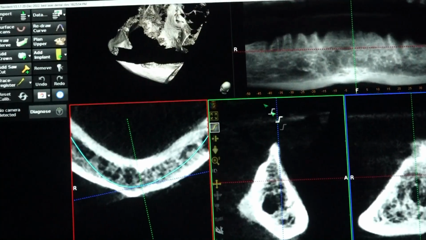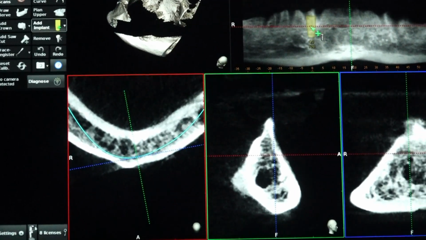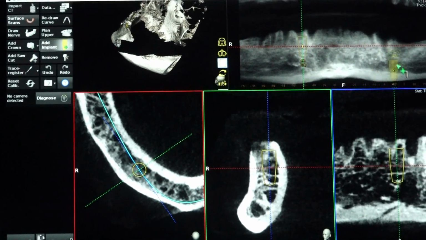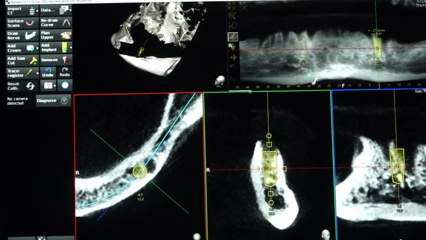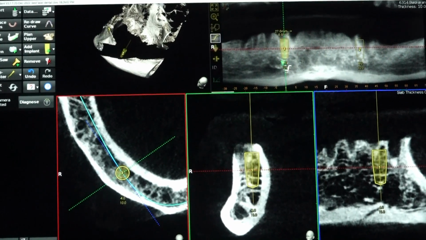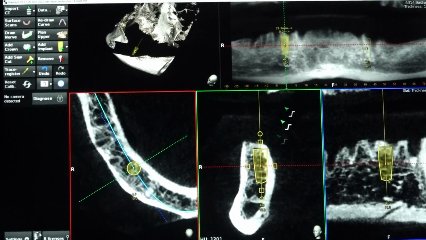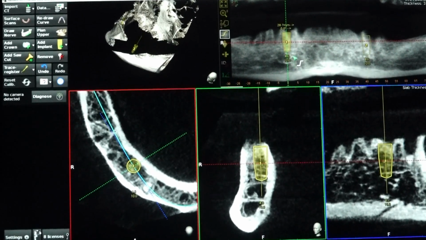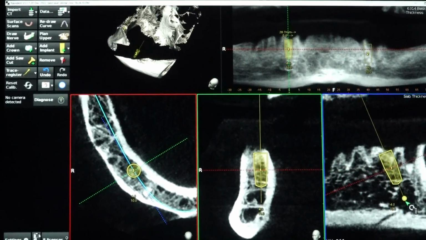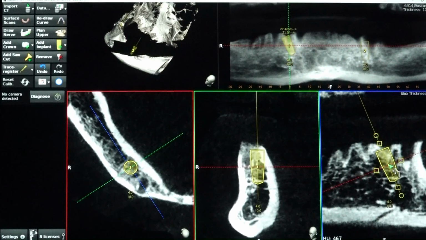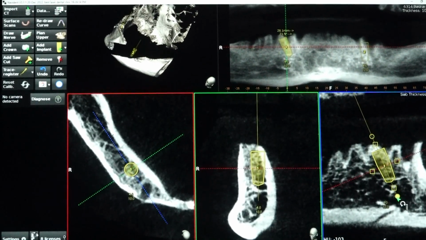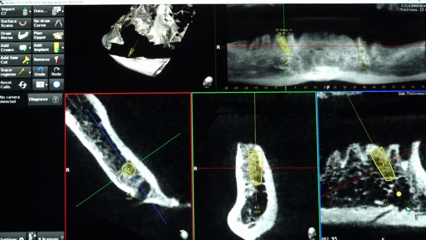Now we will place implants. So whenever we are planning for all-on-four style tilted implants, we have to start from the first or second premolar and tilt mesially, avoiding the mental foramen.